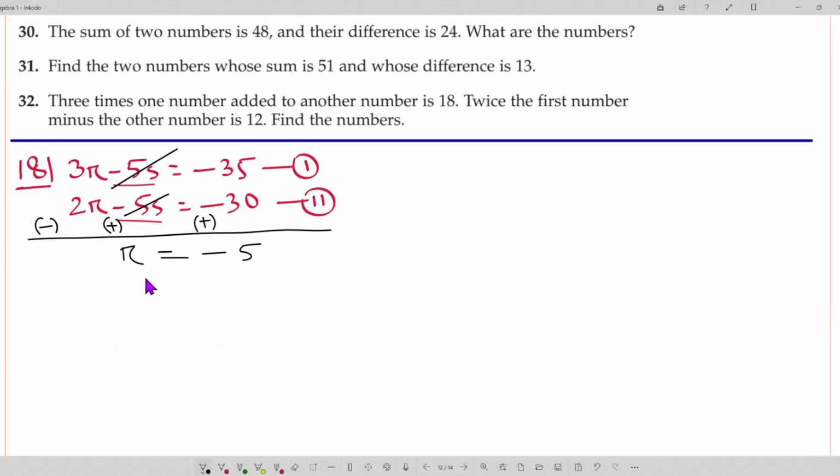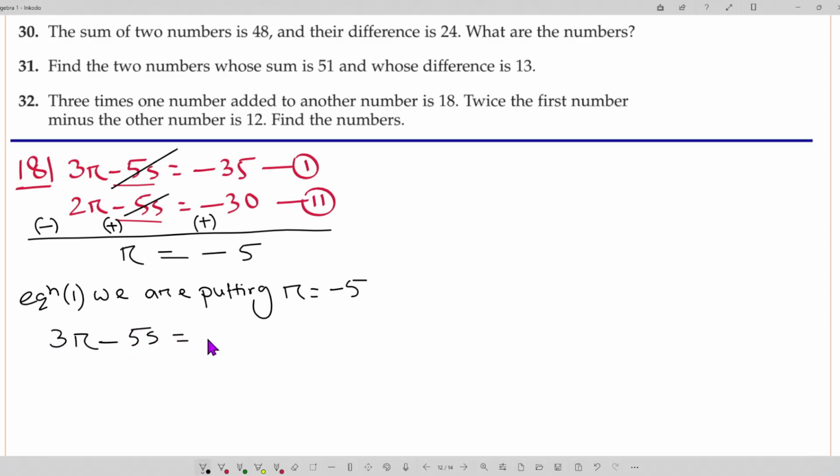We will put it in any equation. So we can write equation 1. We are putting r equals minus 5. Then look, 3r minus 5s equals minus 35.